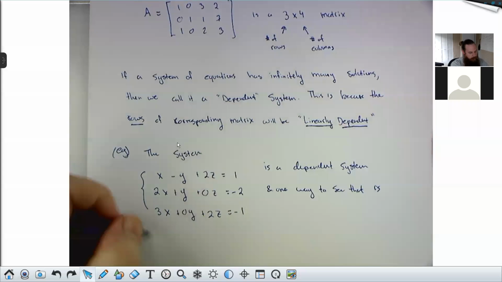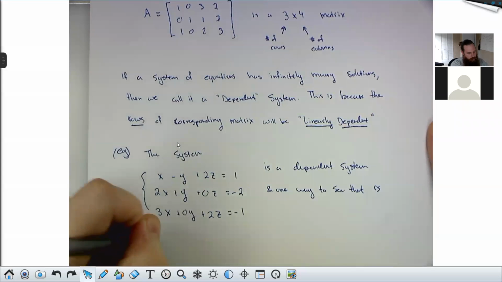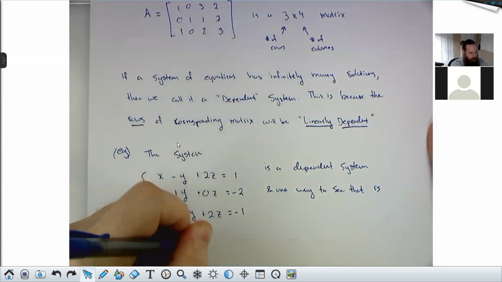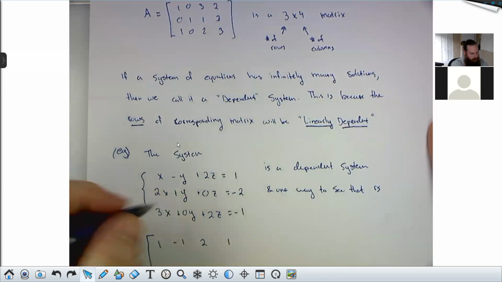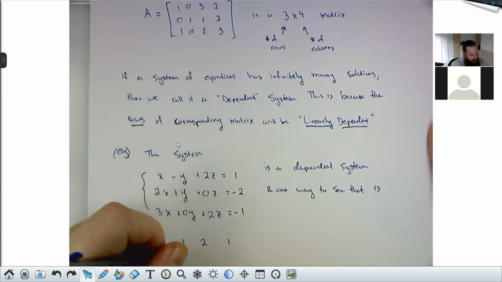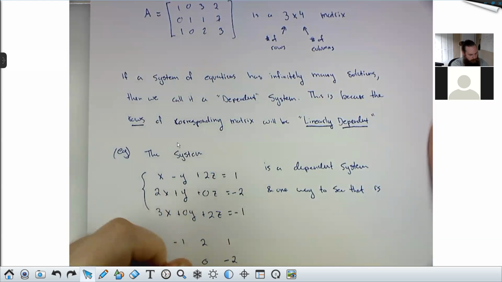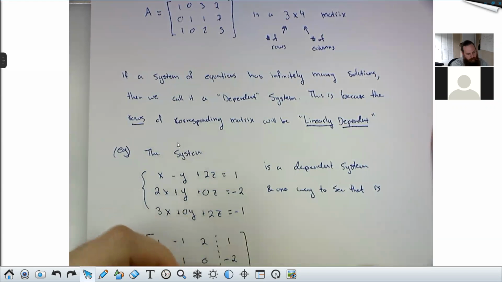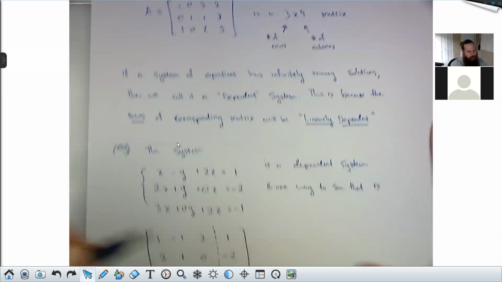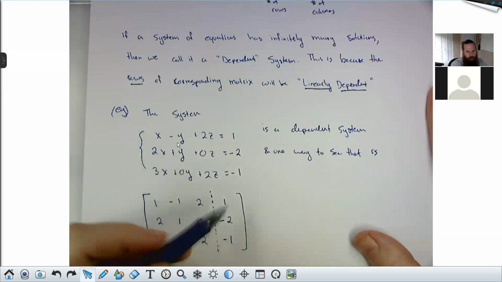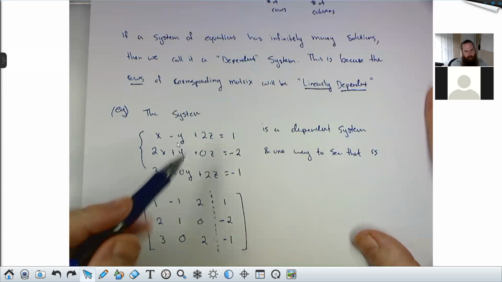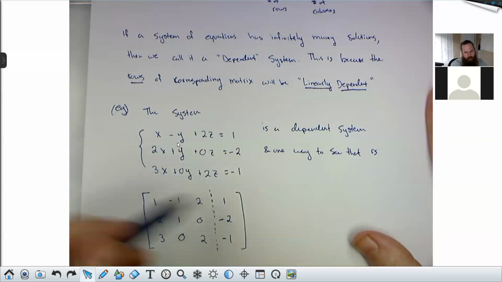is by considering the matrix 1, -1, 2, 1, 2, 1, 0, -2, 3, 0, 2, -1. I always like to put in this line here to remind me which piece is coming from the coefficients and which piece is coming from the right-hand side, but you've probably noticed that your homework doesn't do that, right?